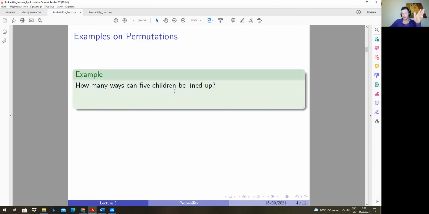So who is the first? How many possible options do we have to put a child in the first place? 5. Then, if the first child is placed, how many residual options do we have? 4. Then we have 3, then 2, and then 1.